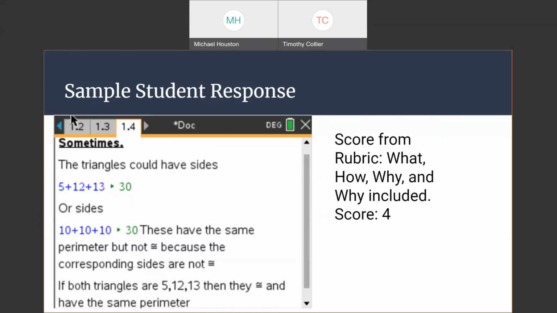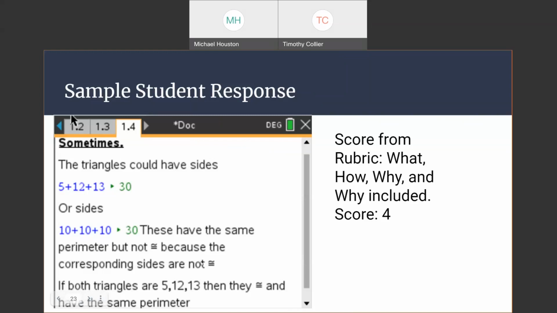All right. You talk about it. So here we have, again, another student response. This person said sometimes. It looked like the people across the country agree with sometimes. But look here, we have several things going on. We have the student arguing that, well, here I have 2 triangles, each of whose perimeters are 30, but they have the same perimeter, but they're not congruent because the corresponding sides are not congruent.